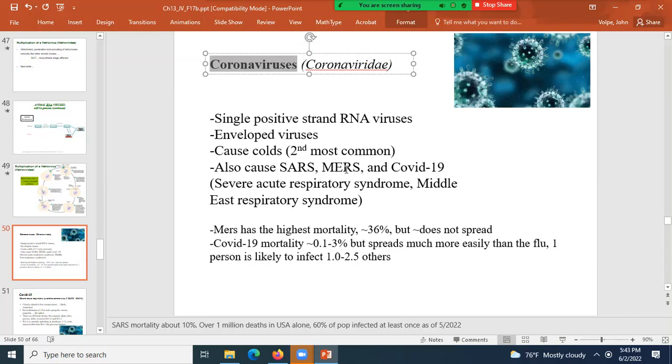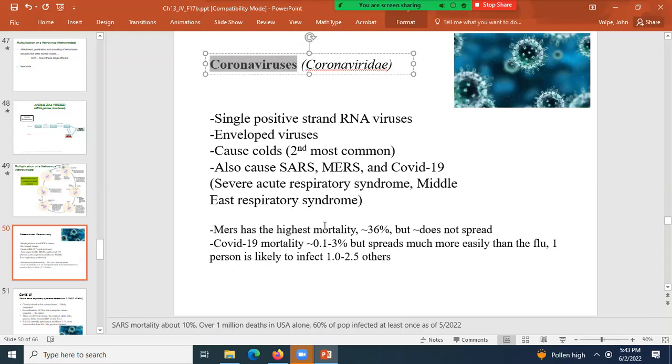Coronaviruses also cause, obviously, COVID-19, SARS and MERS. SARS stands for Severe Acute Respiratory Syndrome. MERS stands for Middle East Respiratory Syndrome. Unlike the coronaviruses that cause human colds, SARS, MERS, and COVID-19 all have a mortality rate.